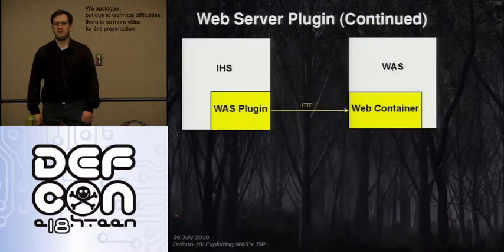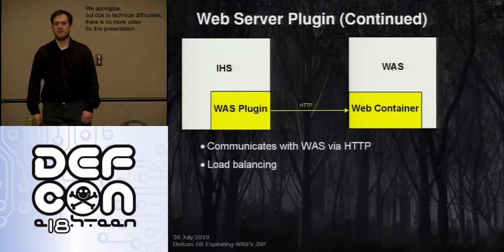So basically it just connects straight via HTTP to the actual WAS instance's web container. It adds special headers to keep track of where the client came from and such. It's mostly used for load balancing and failover, so that if one application server goes down, it detects that, and then it forwards to a different application server in turn.